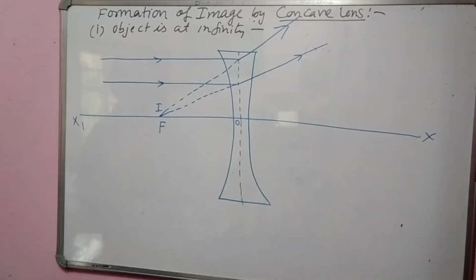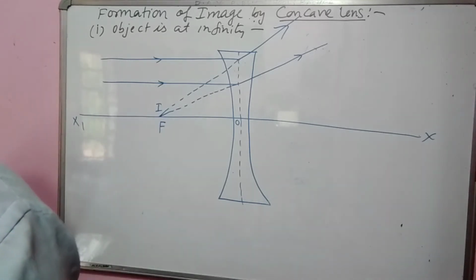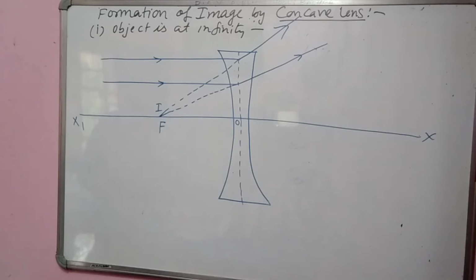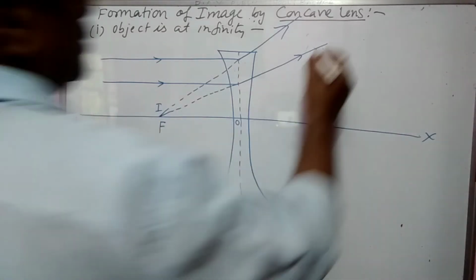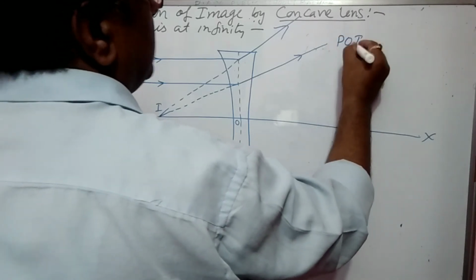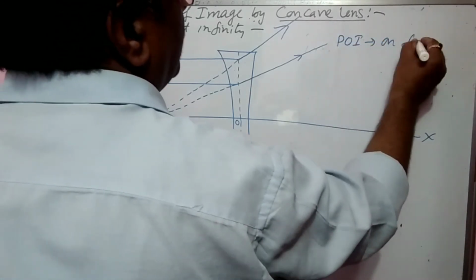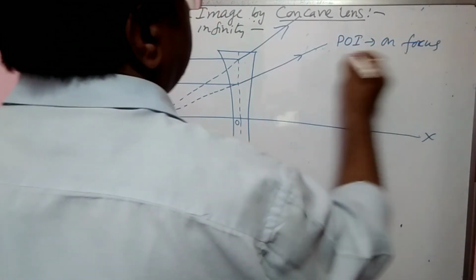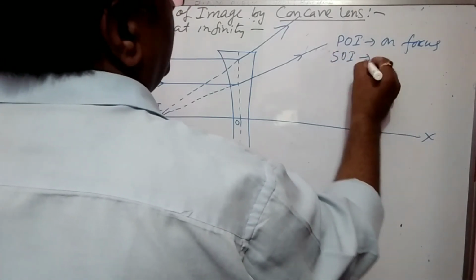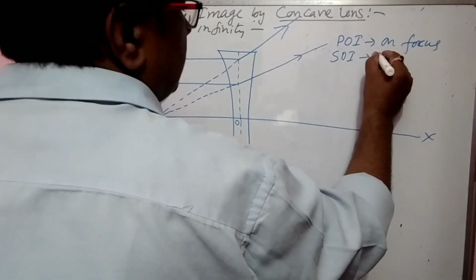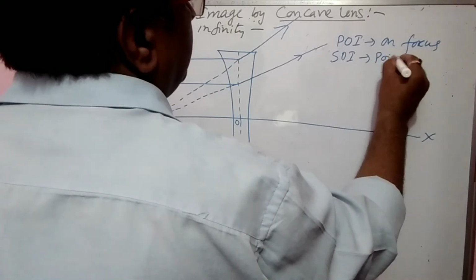Image will be here. As we know, all parallel light rays in a concave lens appear to diverge from the focus, so the image will be formed on focus. So position of image will be on focus, size of image will be very small, point sized.